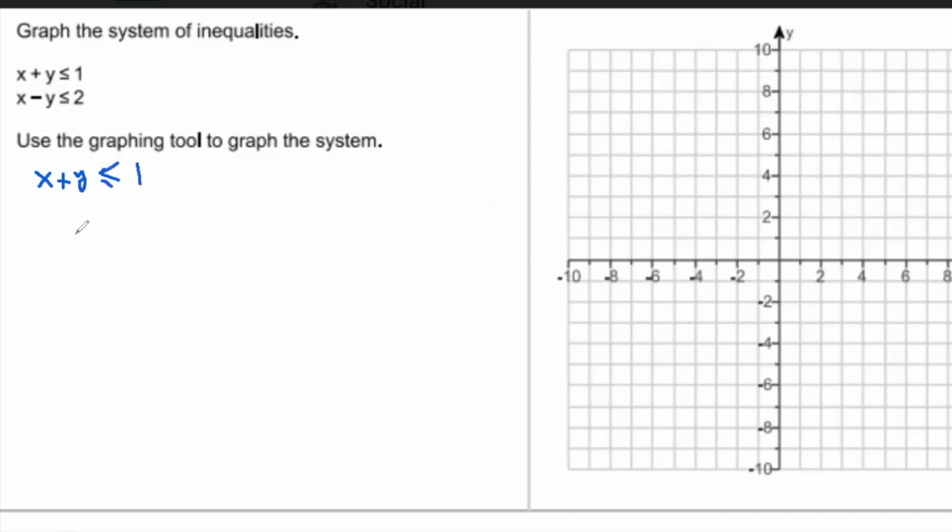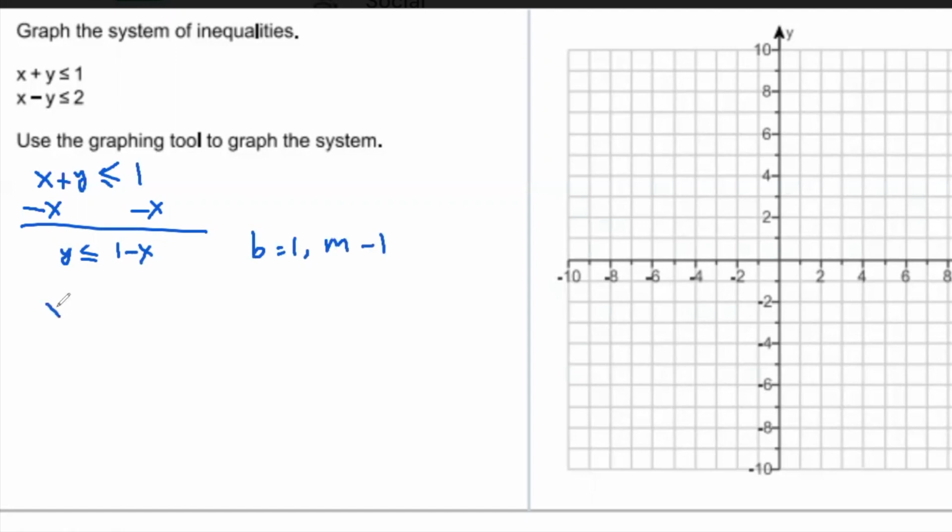Then we are trying to solve for y, so we subtract x from both sides. And the equation will look like y is less than or equal to 1 minus x. Here my b is 1 and m is negative 1.